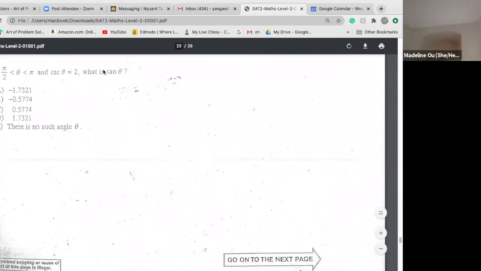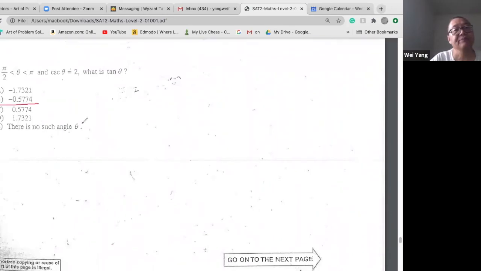B. Now let's see, B. This angle is greater than pi over 2, less than pi, and cosecant equals 2. What's the tangent? Cosecant is 1 over sine theta. This equals 2, that means sine theta equals 1/2.